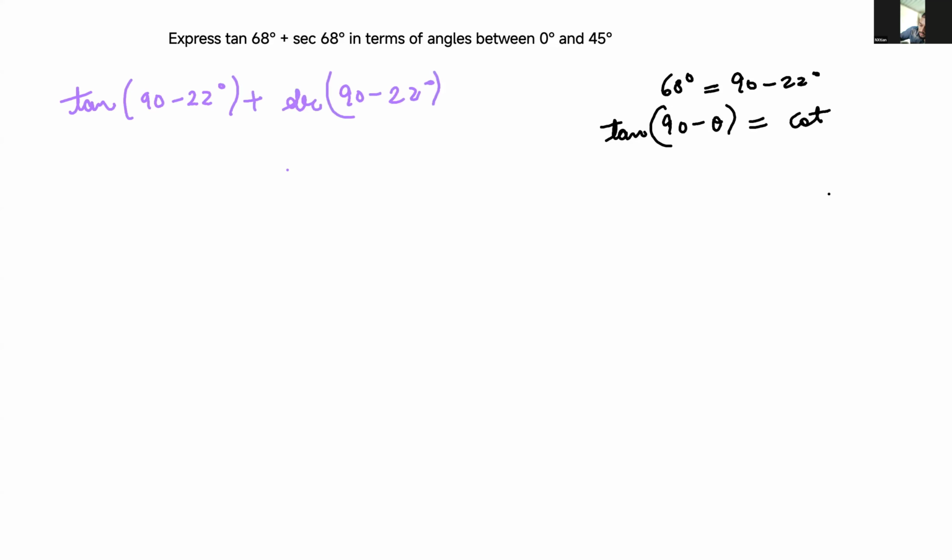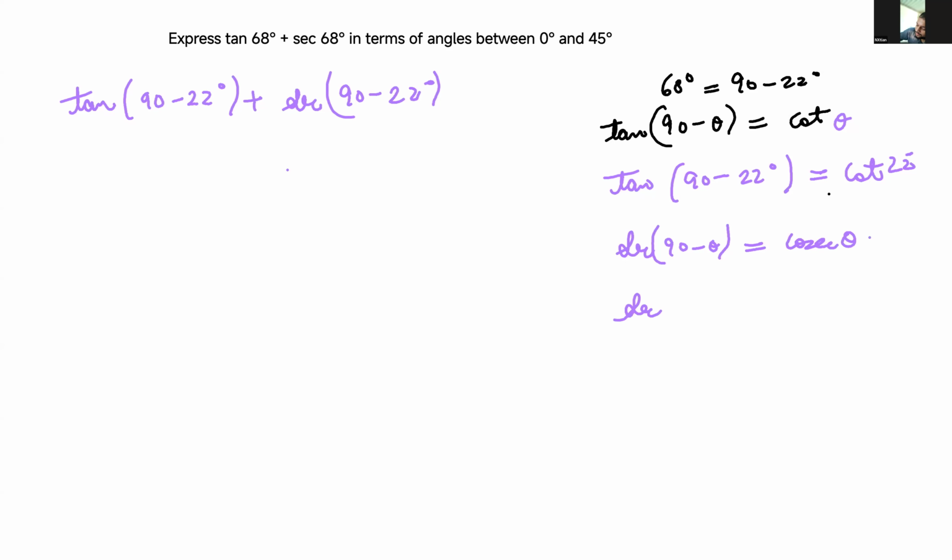Now, 90 minus theta can be written with the co-function. So then the first ratio of (90 minus 22) will become its co-function of 22. In the same way, sec(90 minus theta) is cosec theta.